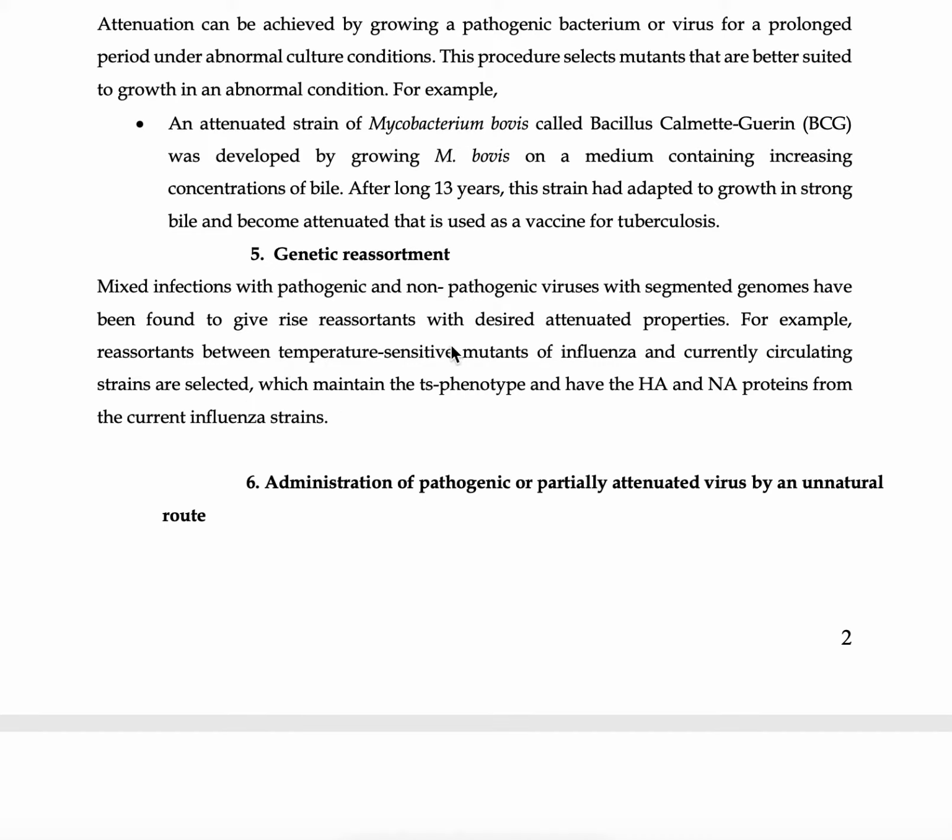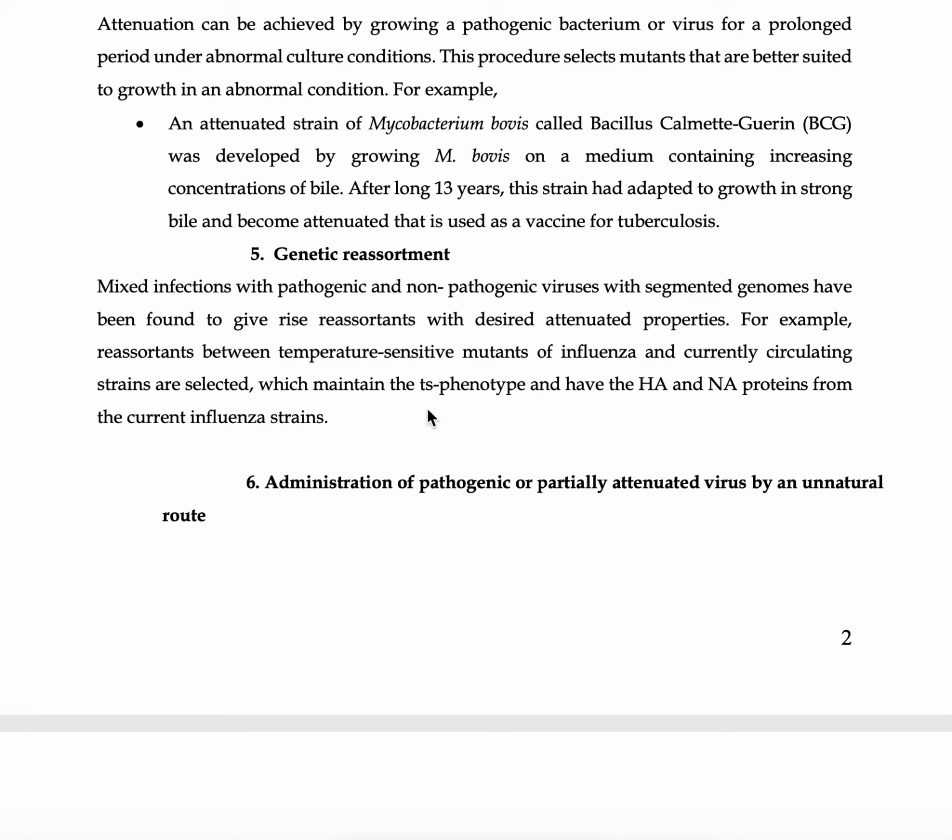If you want to develop a vaccine against the currently circulating strains of influenza virus, you have to infect the host at the same time with the currently circulating strain and with temperature sensitive mutants of influenza, and you have to select the hybrid. Which hybrid? Those that maintain the TS, temperature sensitive, phenotype, and at the same time have the H and Na proteins of the currently circulating strain.